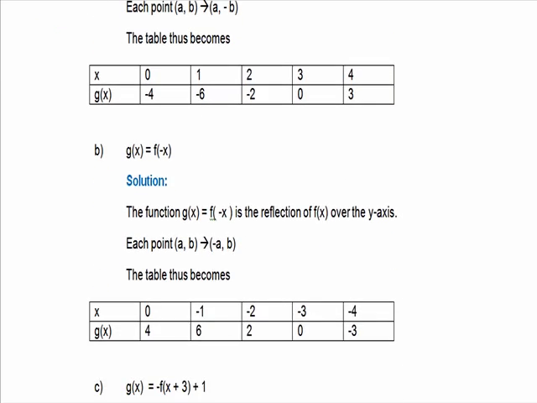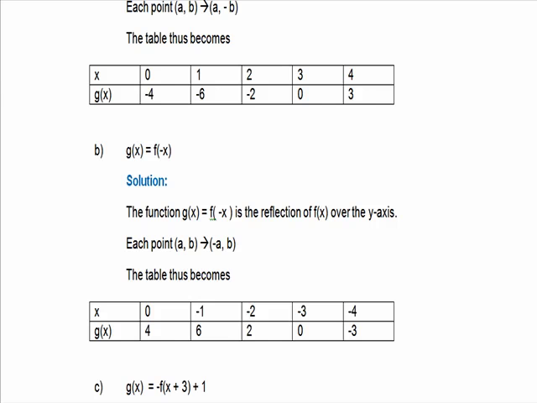Now, let's take a look at if we had g(x) equals f(-x). Remember, this is the reflection over the y-axis. This is when we keep the y values, but we change the x values. Each point (a, b) is going to become the point (-a, b).